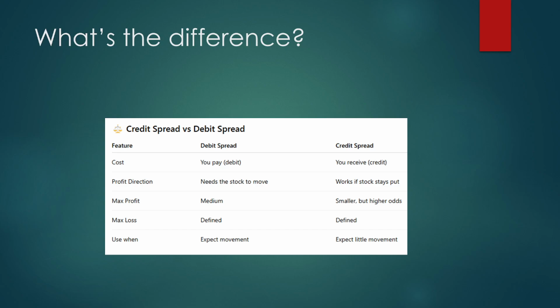You can utilize call debit spreads for a bullish move, and call credit spreads for a bearish move. Then you can do put debit spreads for a bearish move, and put credit spreads for a bullish move, if that makes sense.